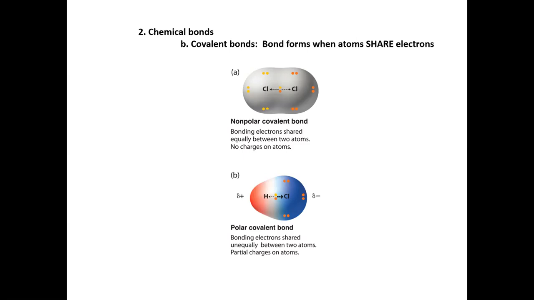In this molecule, the yellow electron, which belongs to the hydrogen, is spending more of its time hanging out with chlorine than with hydrogen. So the chlorine, for most of the time, has an extra electron orbiting around it.